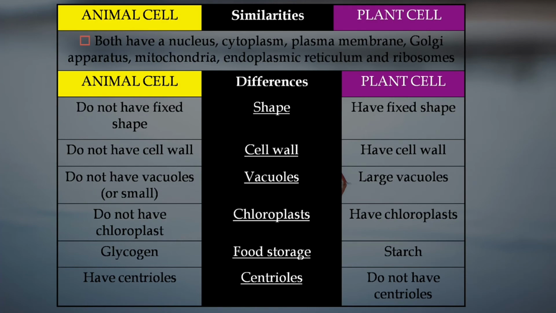Both of them have endoplasmic reticulum and ribosomes. That is what they share in common. So both plant and animal cells have nucleus, cytoplasm, plasma membrane, Golgi apparatus, mitochondria, endoplasmic reticulum, and ribosomes.